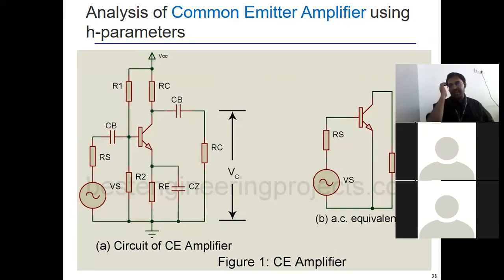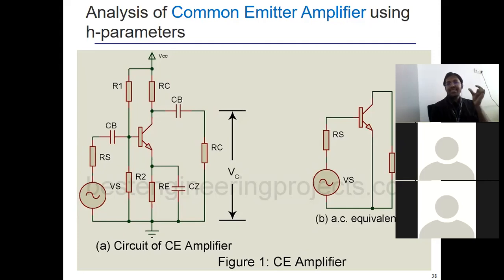To analyze an amplifier, we are simply amplifying a small AC signal into a large AC signal, so you should do AC analysis. AC analysis means, for AC, a capacitor will act as a short circuit.